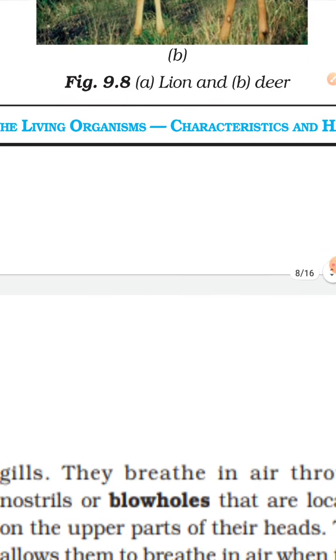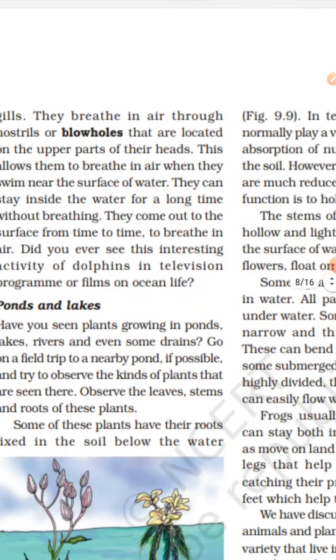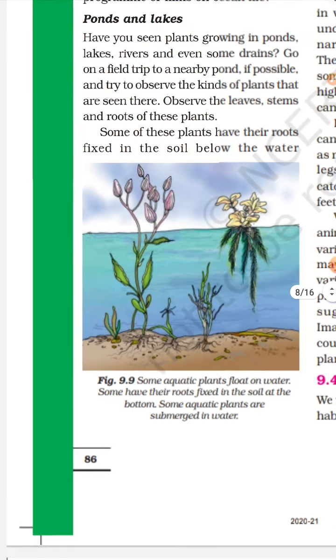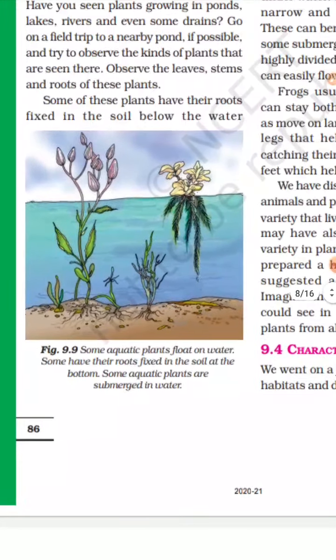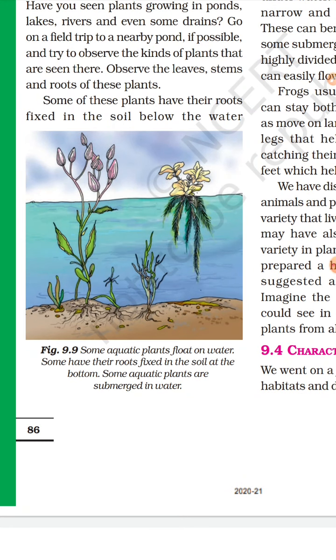Okay, now let's discuss some aquatic habitats. You can see some plants. We already discussed that fish are adapted to live in the sea, and so are many other sea animals which have streamlined bodies to help them move easily in water.